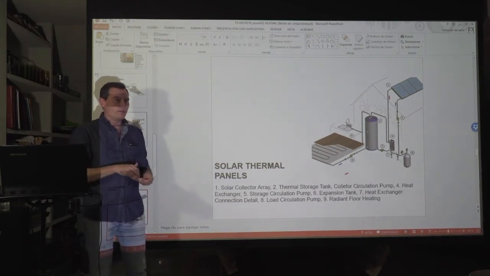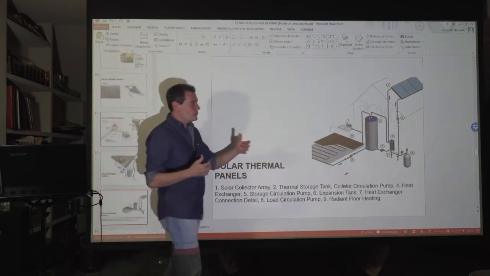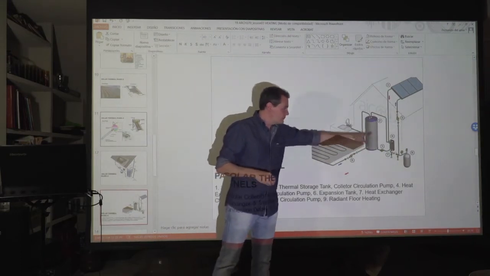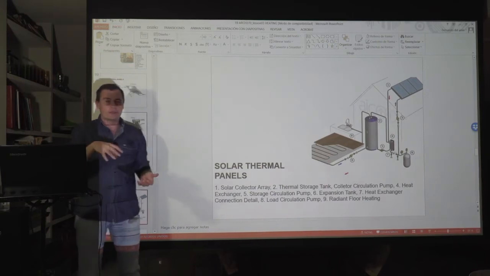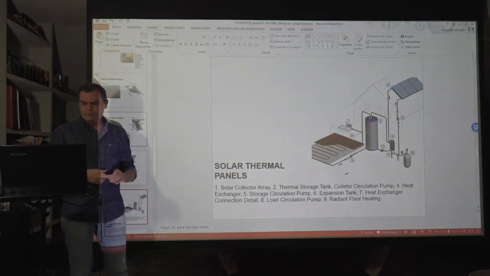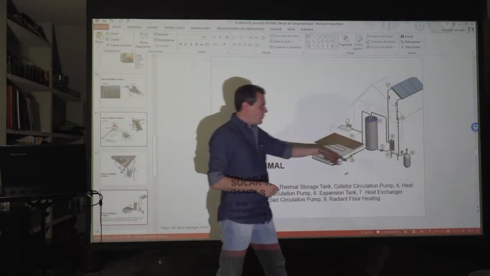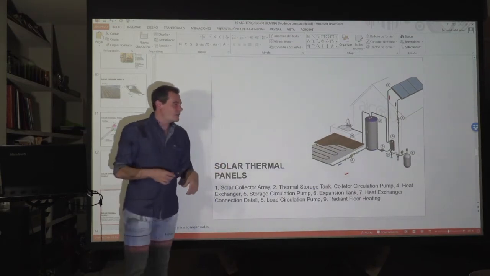We have sun only 6 hours a day in winter, if we are lucky. So we have to make the most of the sun energy during the day, and then we need to store that water to use it in the evening or at night. So the system gets more and more complicated, but again, we have expansion tanks, we have water pumps, so all these systems are the same.